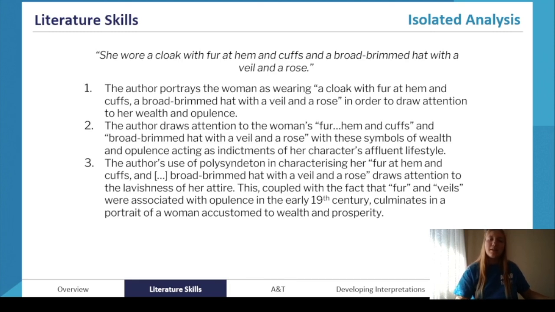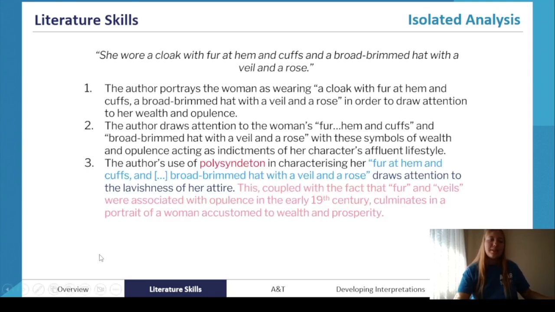We're not necessarily suggesting she's leading an affluent lifestyle, but we're saying she's used to being wealthy and living this way. But the really complex and really good thing that we've done here is we've managed to bring in the context by addressing that wearing fur and veils in the 19th century was associated with being significantly wealthy.